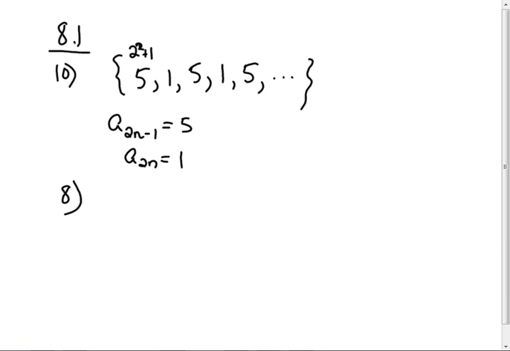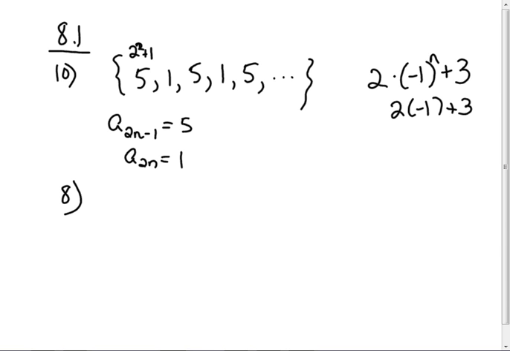I don't know what the answer is. What is it? Isn't it 2 times negative 1 to the n plus 3? I figured it was some sort of alternating sign. Does that work? If n is equal to 1, then it's going to be 2 times negative 1 plus 3. That's 1, right?